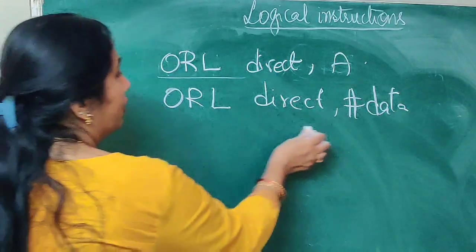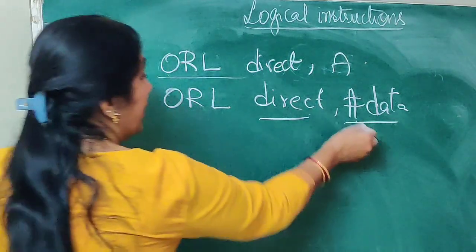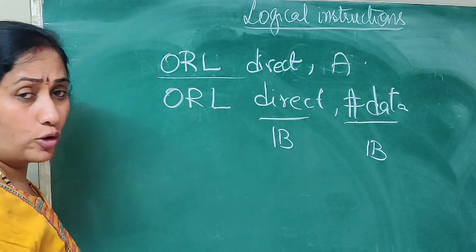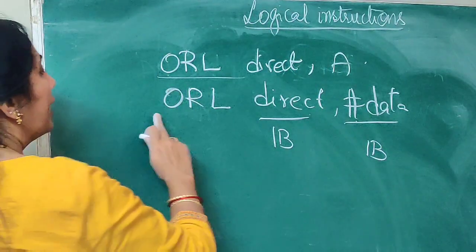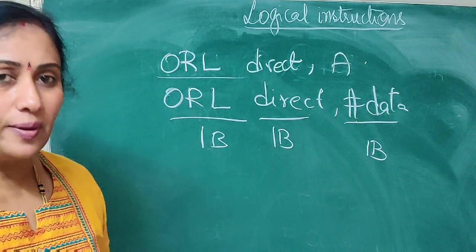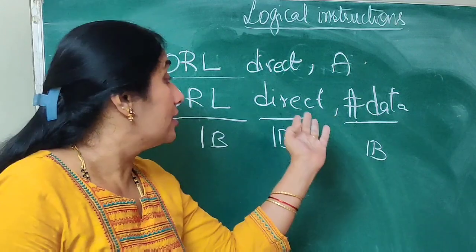Here the length of the instruction is 3 bytes, because the immediate data takes 1 byte and the direct address takes 1 byte. Both are user defined, so we have to reserve 2 memory locations, 2 bytes, and the opcode takes 1 byte. So the total length of the instruction is 3 bytes. And here none of the flags get affected.